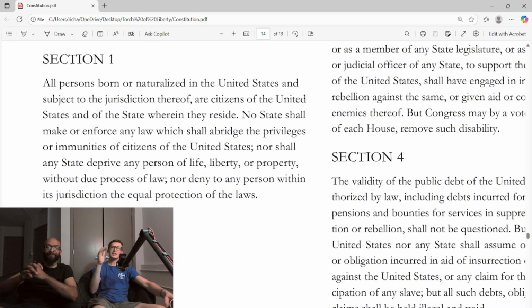I think it's said 19 times, 5 of which are in these sections of the 14th Amendment. So they're really emphasizing citizen, and it's the first time it is not capitalized.